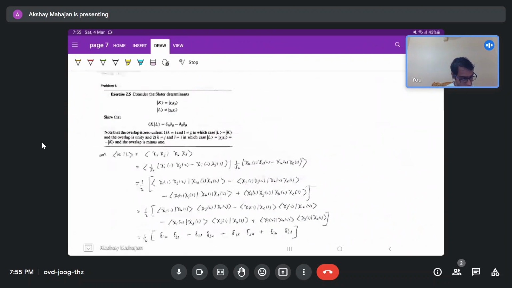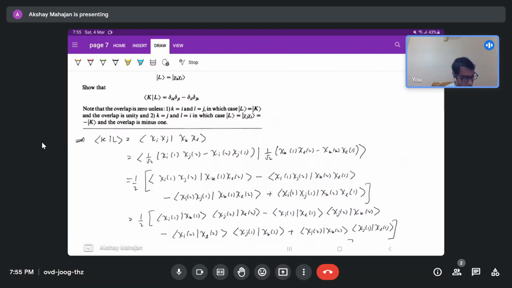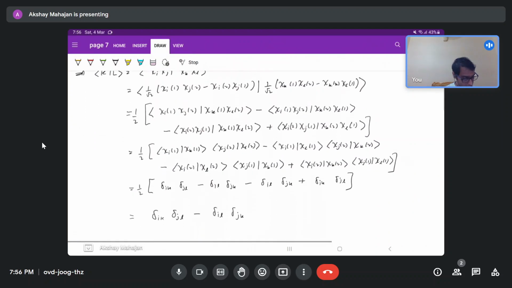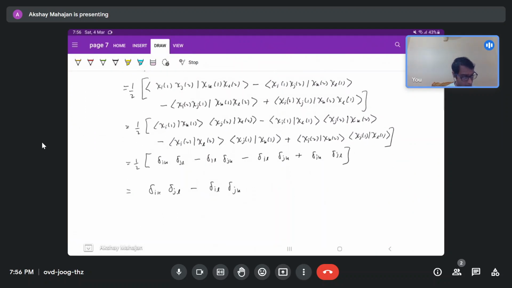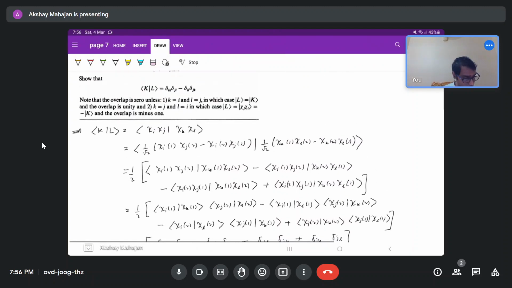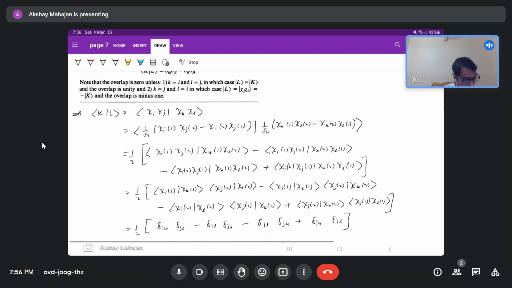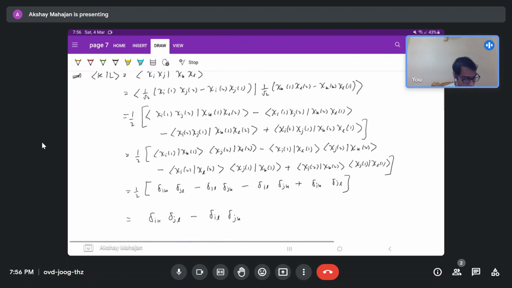And then you can check, note that the overlap is 0 unless k equals i and l equals j. So if k equals i and l equals j, that we are getting.